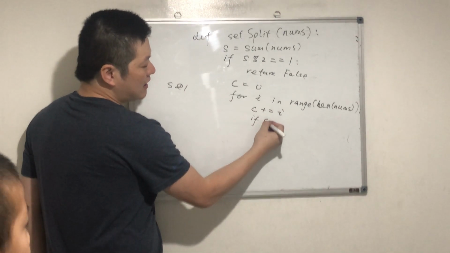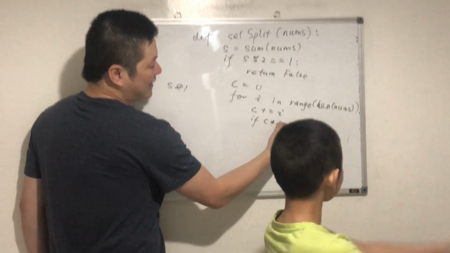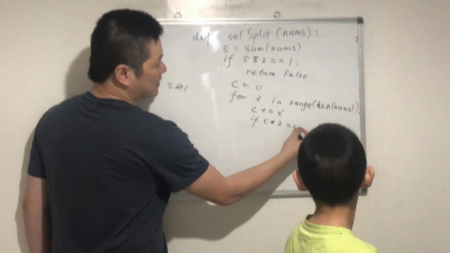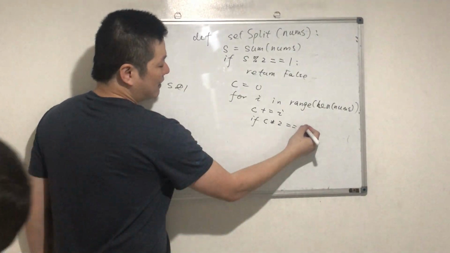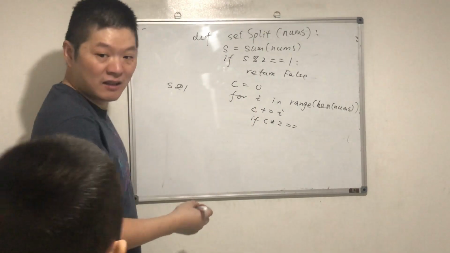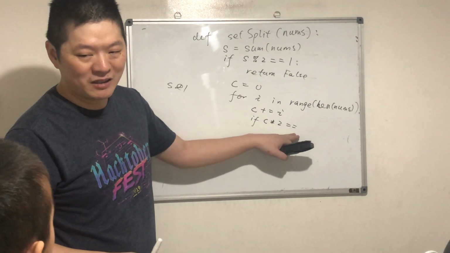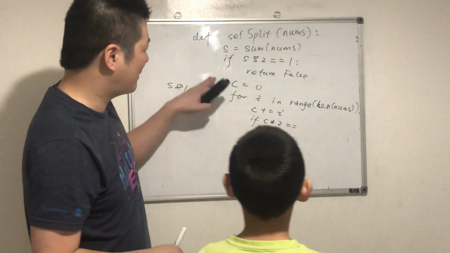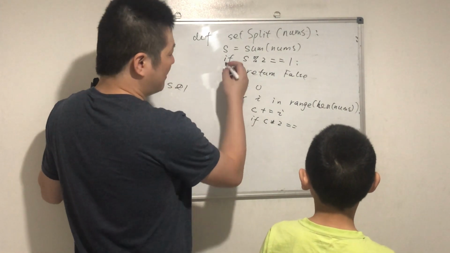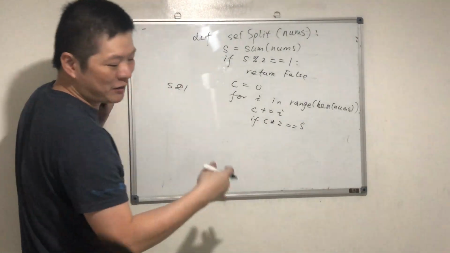If C times 2, C equals which number? If now I add it to, i times 2 equals which number? The sum S, right? Because if c times 2 equals the sum, it means we find a half, right?